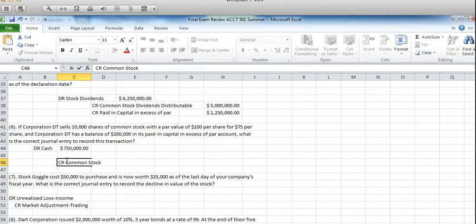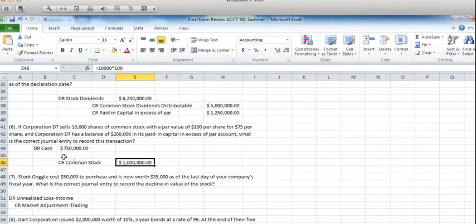Remember, when we sell stock, the common stock account will just show the par value of that stock. So again, we'll have 10,000 shares times par value of $100 per share, and that gives us 1 million.